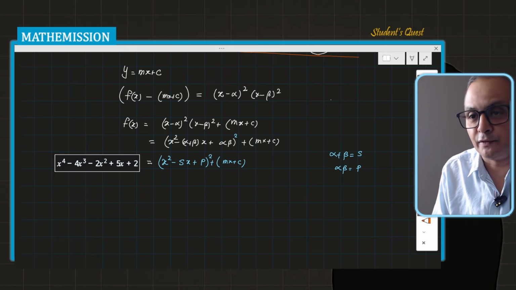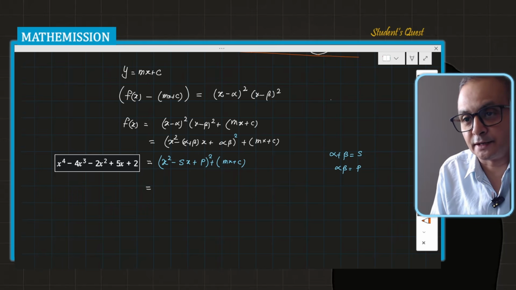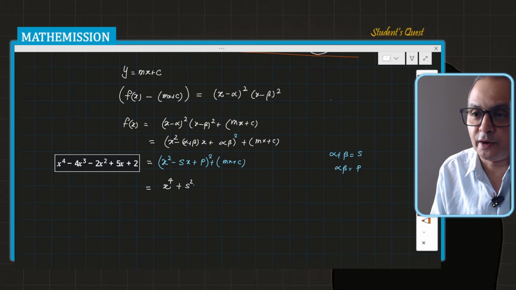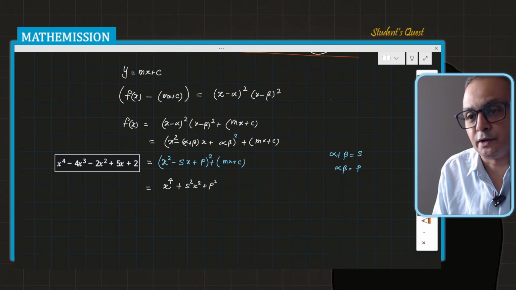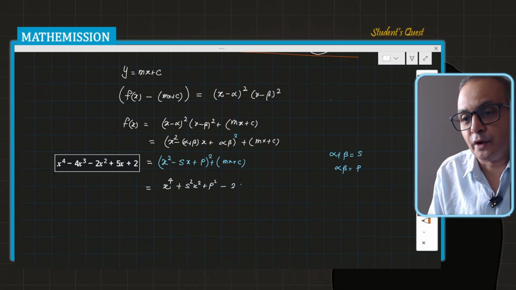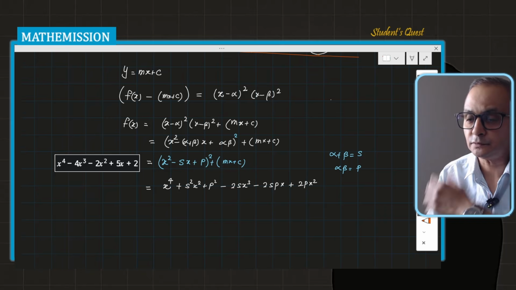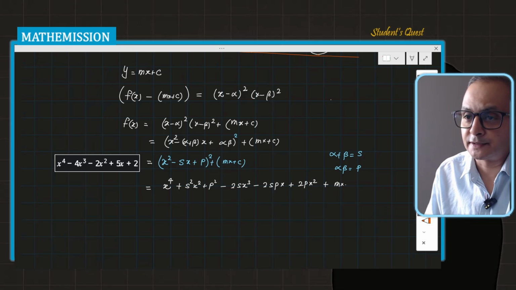So I will expand this and get x to the power 4, minus 2s x cubed, plus s squared x squared, plus p squared, plus 2p x squared, minus 2sp x, and plus mx plus c.